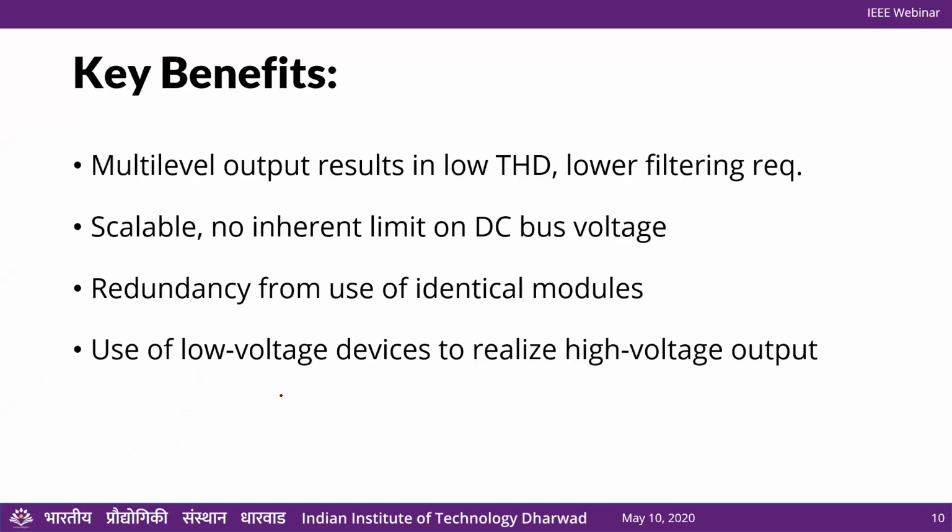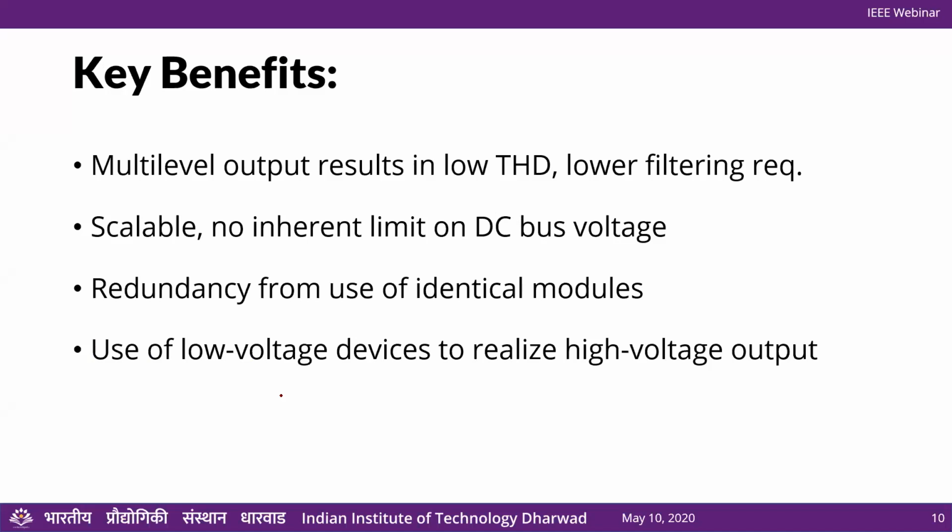So the key benefits, of course, I've already covered. They're low THD, lower filtering requirement. It is scalable, and there's no real limit on the DC bus voltage because the modules themselves are low voltage rated, relatively low voltage, I should say. It's possible to cascade really any number of modules.